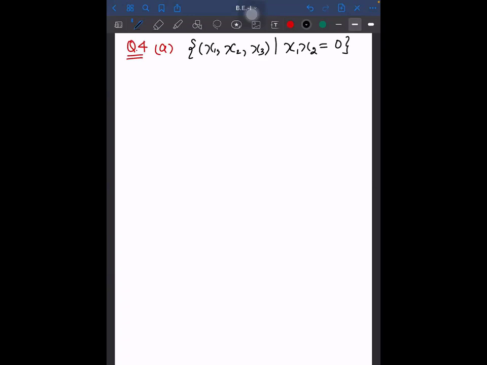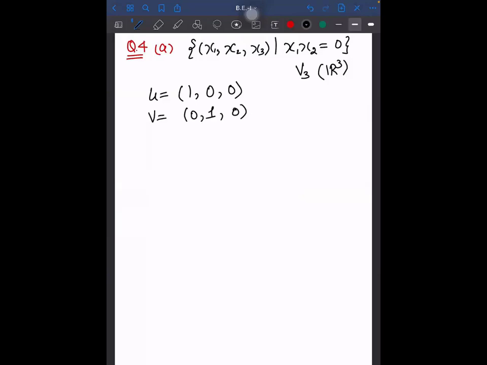Is this going to be a subspace of V3 or R3? Now, if you take two elements from it, let's say I take one element U, which is 1, 0, 0. And I take another element, 0, 1, 0.